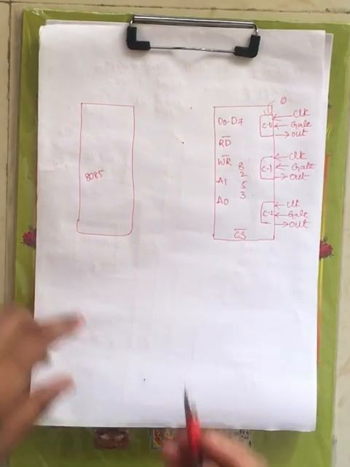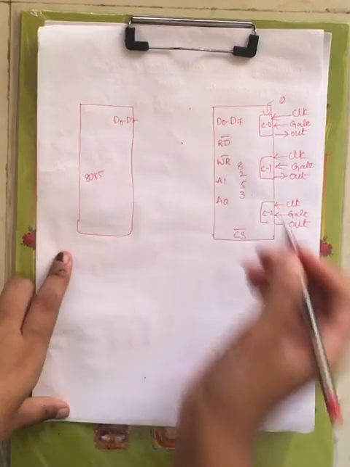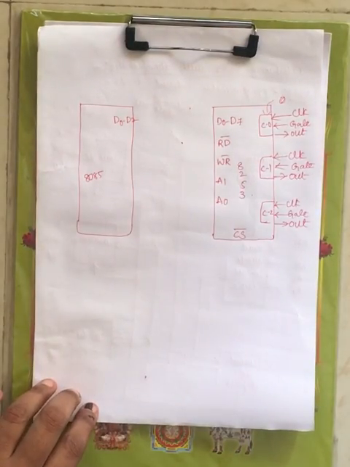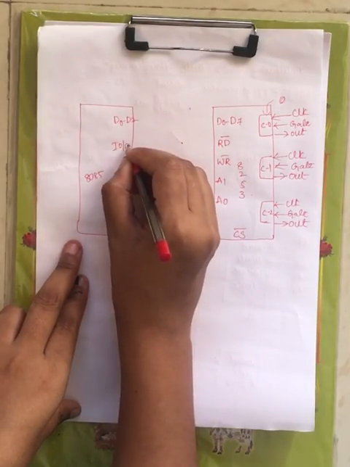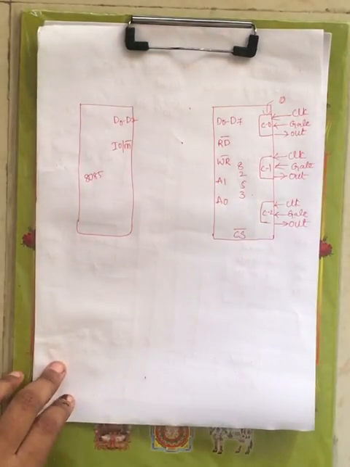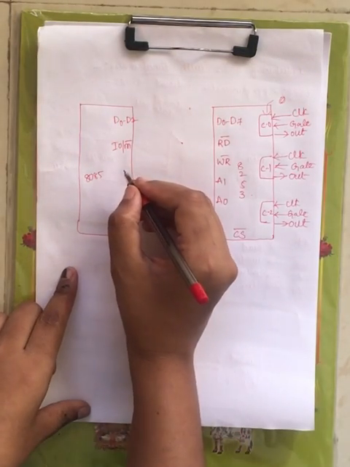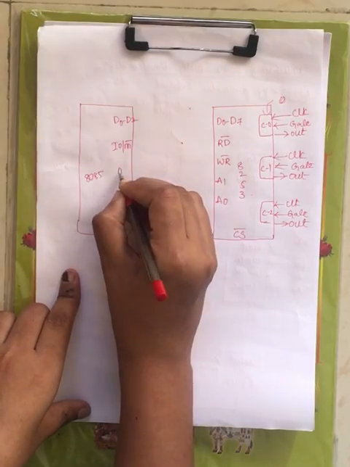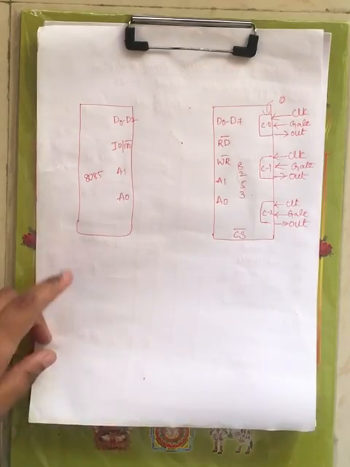Next you have to represent 8085. Now D0 to D7, the demultiplexed address and data bus. And next you have IO/memory bar. Next you have A1 and A0. Only these pins are required for interfacing.